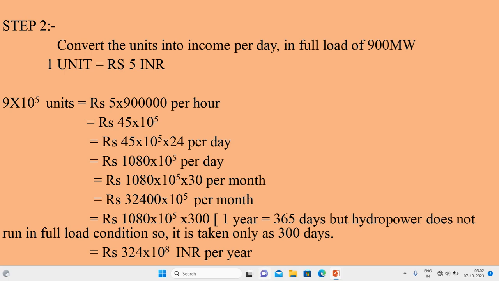We know that there are 365 days in 1 year, but hydropower does not run at full condition, like in the rainy season and in the dry season. It won't give you the output of 900 megawatt. It has some losses, as I have already told you. So it is taken as only 300 days equal to 1 year. So this cost will be like 324 into 10 to the power 8 Indian currency per year.